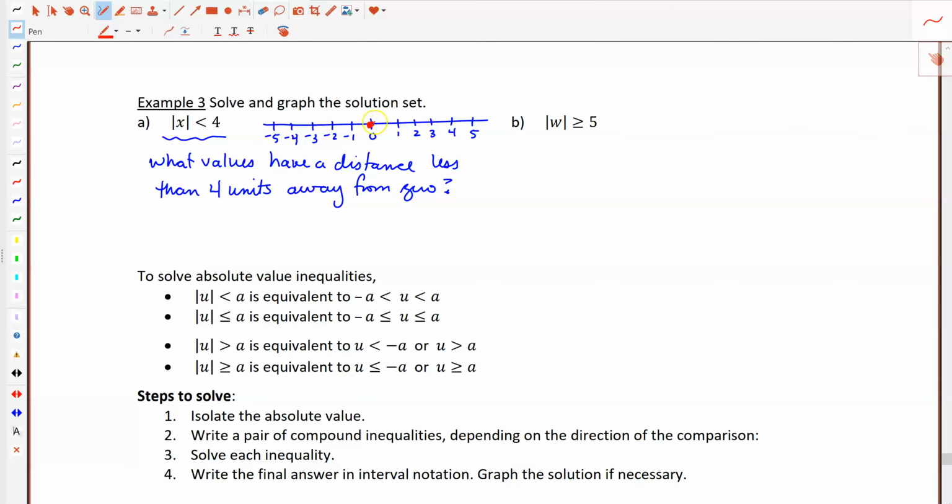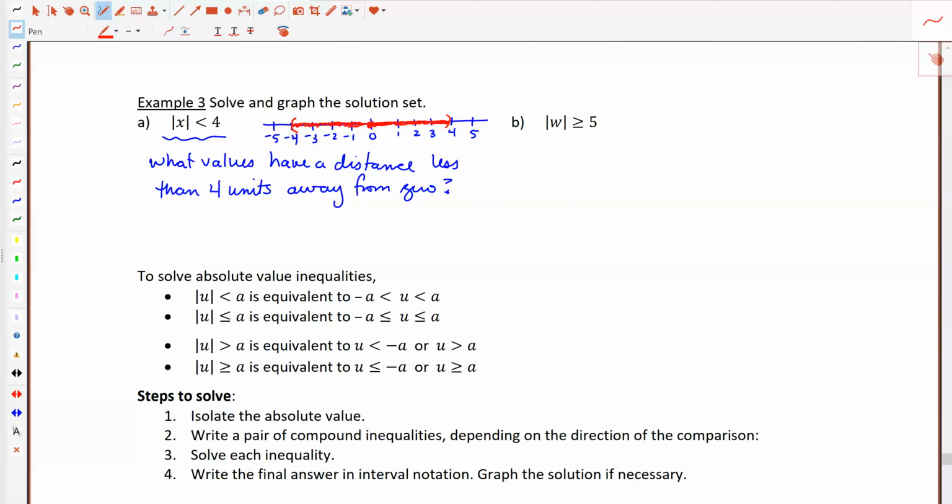That means I'm allowed at maximum from 0 to walk 4 units away before I have to stop. So if I walk to the right, I'll be able to walk out to just before I get to 4, and then I have to stop. Okay, so since I can't actually grab 4, I'll put a parenthesis there to say I can't actually be at 4, because I have to be less than 4 units away. And then from 0, if I walk 4 units to the left, I can go out to -4 before I have to stop.